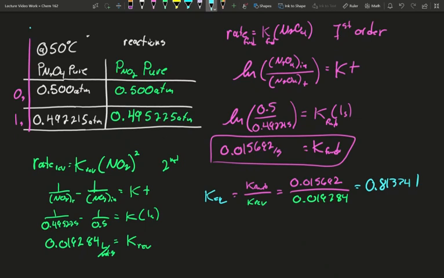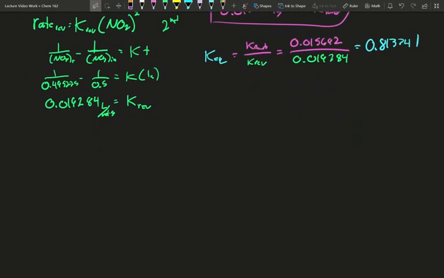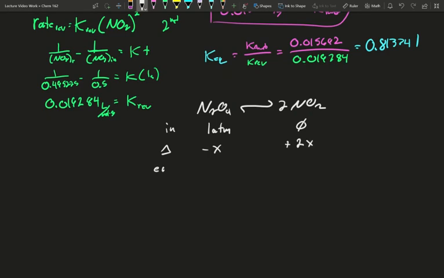Having our KEQ now lets us calculate out our pressures at equilibrium. We can imagine our reaction of N2O4 breaking into 2NO2. Initially, there's 1 atmosphere of our starting material and no product. There's some change of minus x and plus 2x. So at equilibrium, we'll be 1 minus x and 2x. 0.813741 must equal our products over our reactants.